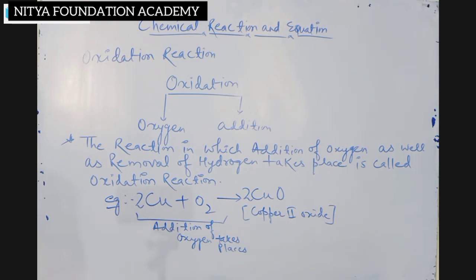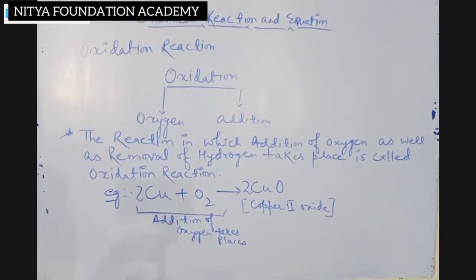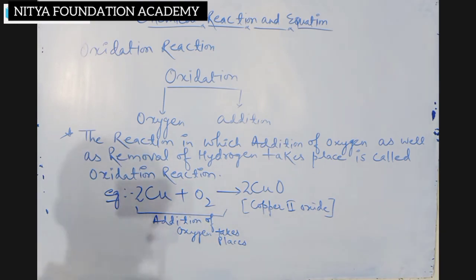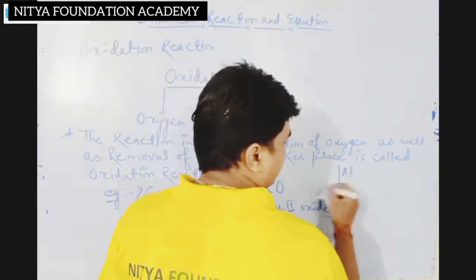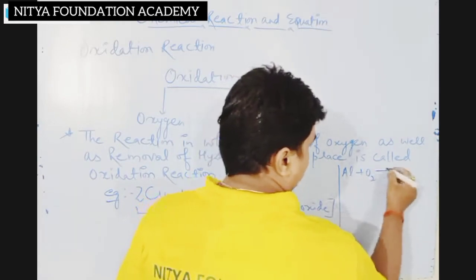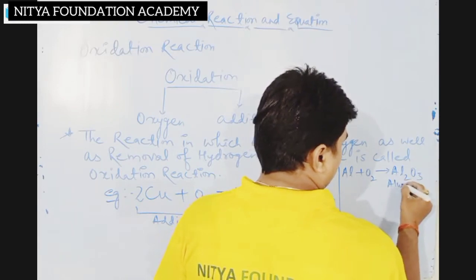In the same way, there are several examples. When magnesium is added with oxygen, magnesium oxide is formed. When aluminum is added with oxygen, aluminum oxide is formed, and so on. In the same way, when aluminum reacts with oxygen, it forms aluminum oxide.